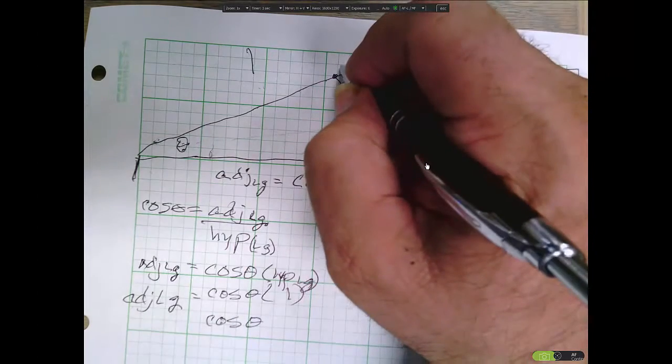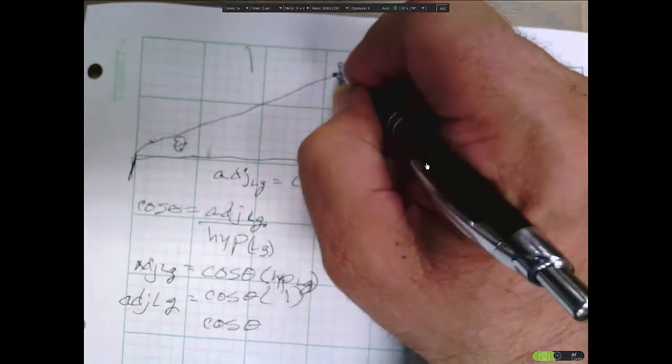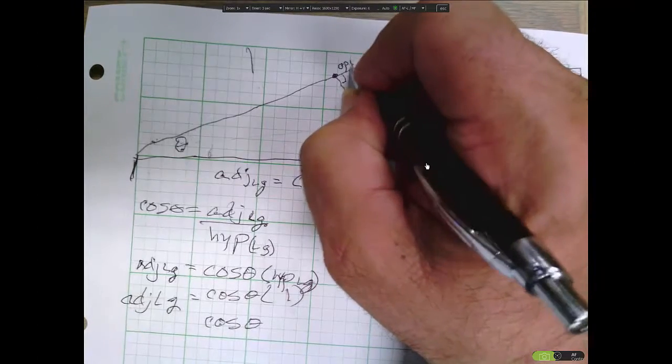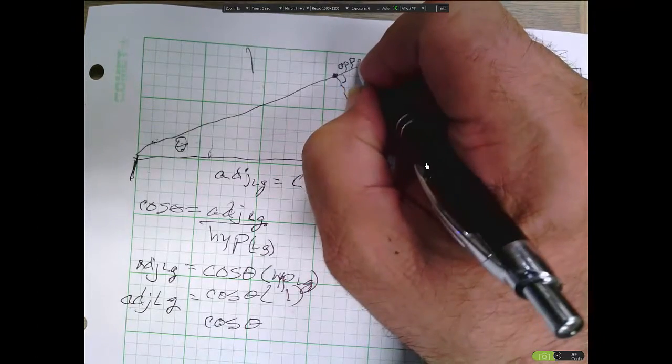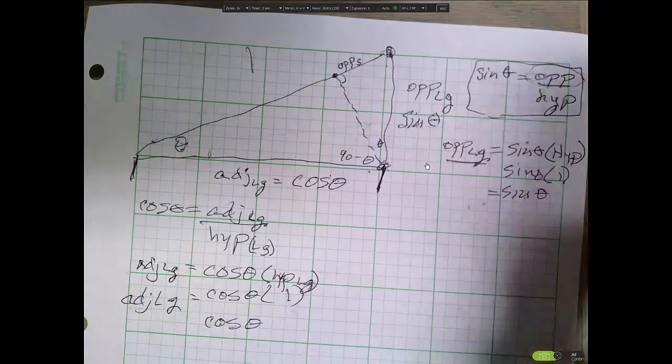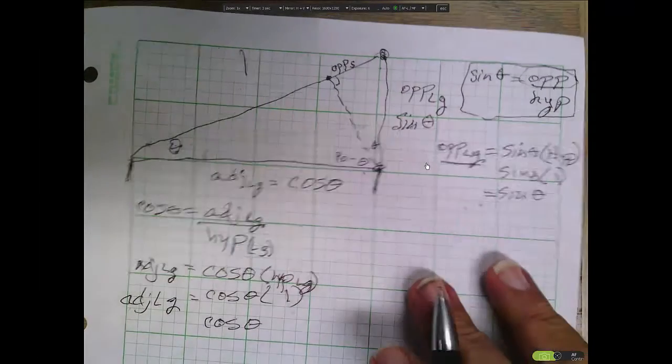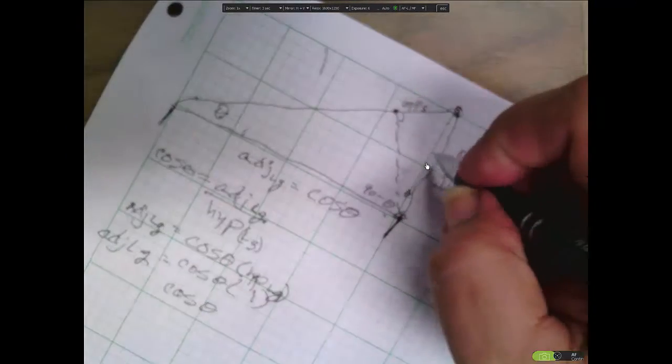I'm going to say it's the opposite sub small, S for small. And I'm going to represent that this is the hypotenuse of this smaller triangle.